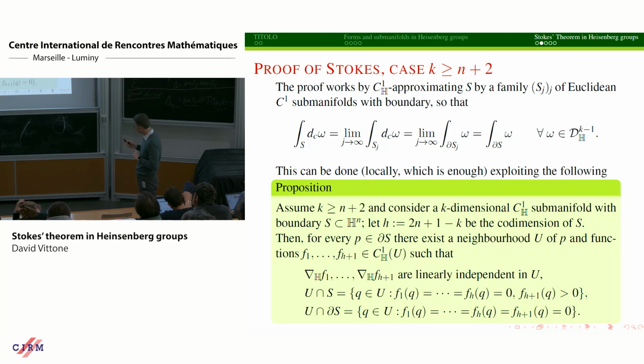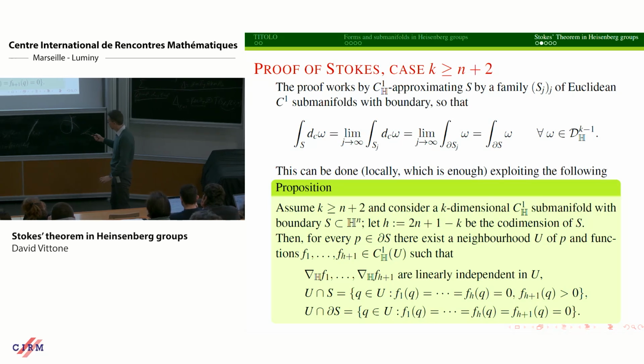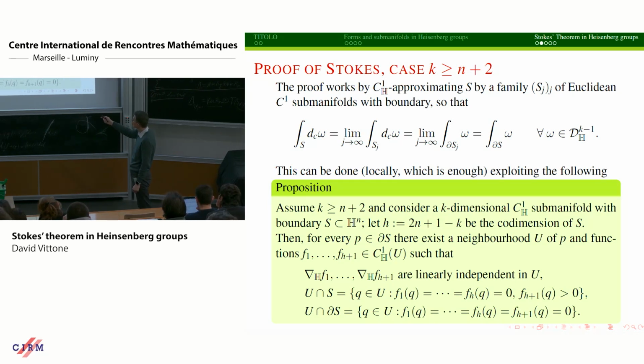And all in all, producing these approximations Sj amounts to proving this equivalent definition of C1H submanifold with boundary. So when we are not in the critical dimension, we can prove that a subset S is a submanifold with boundary if and only if we can write it in this way.